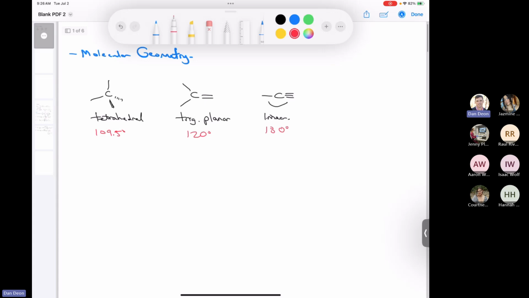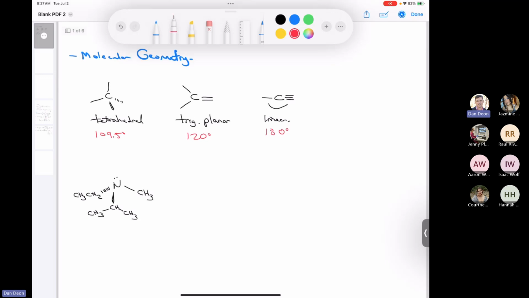But one that's a little trickier is when you're dealing with a nitrogen. So let's say you have the nitrogen in a compound like this, where you have a lone pair. Let's say you have a methyl group here, an ethyl group in the background, and coming out in front, an isopropyl group, something like that. So what would be the molecular geometry of this nitrogen? Can anybody tell me? And it's not a trick question.